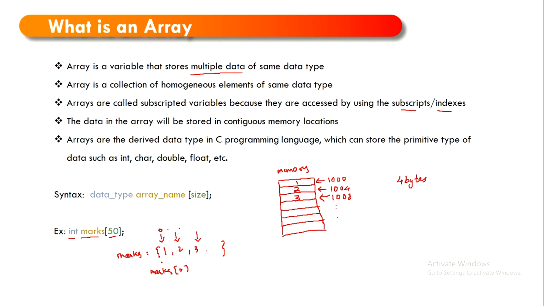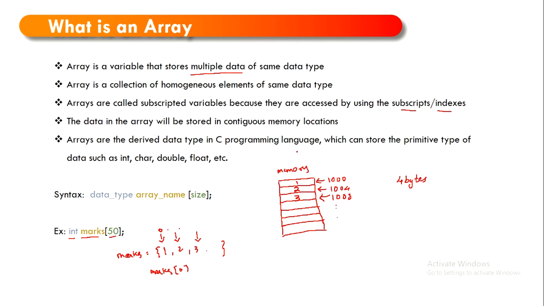So this is how the data in the array will be stored in memory. If you observe here, the data will be stored in contiguous memory. That means 1 is stored at this address, and at the immediate next address, the second number will be stored. It is not like it is storing 1 here and 2 here and then somewhere else storing the next data item. No, it is always contiguous memory allocation for an array. So the data stored in an array will be continuously arranged.